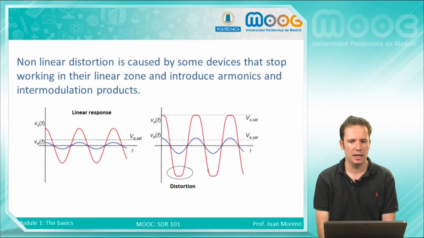There is only one parameter, the gain between the blue signal and the red signal on the left. But let's look at the right. You have a blue signal and you amplify this signal, but on the top, the peak of the signal is a little bit trimmed. So this means a distortion.